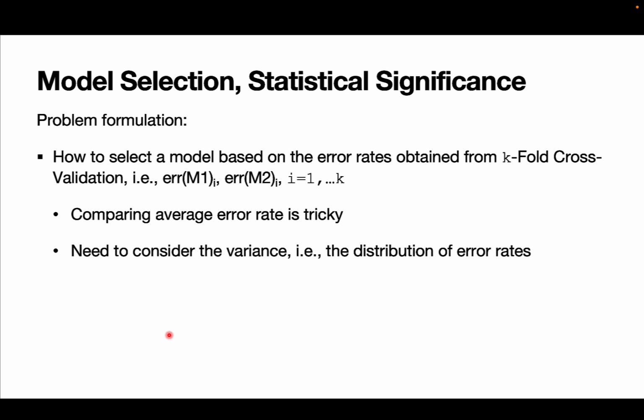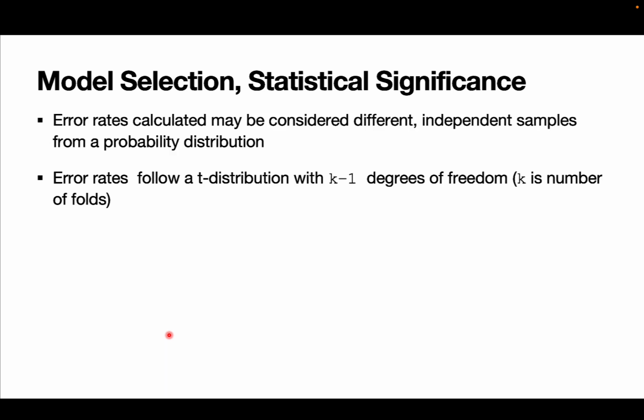From a statistical point of view, just looking at the average number of errors is not sufficient, because maybe a single outlier is going to change this number. Or if something unusual happens in one of the folds, it may lead to a significantly worse result. To address this issue, we need to analyze the distribution of errors so we can make a better model selection decision.